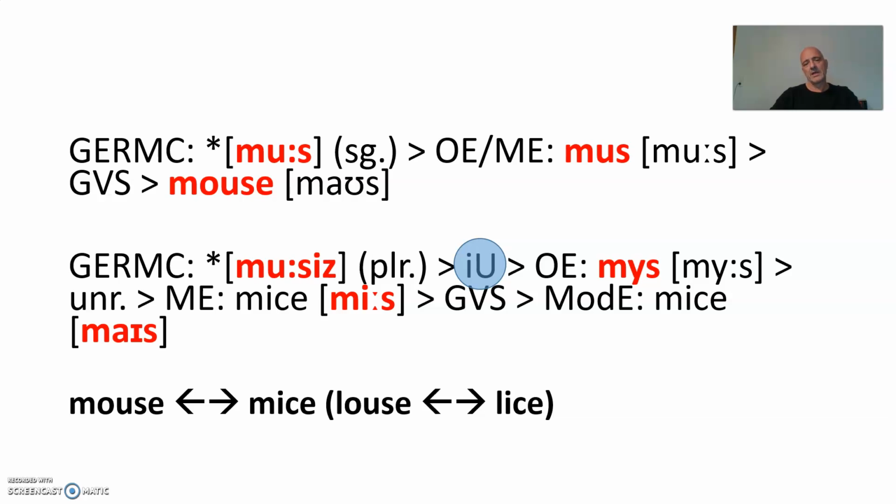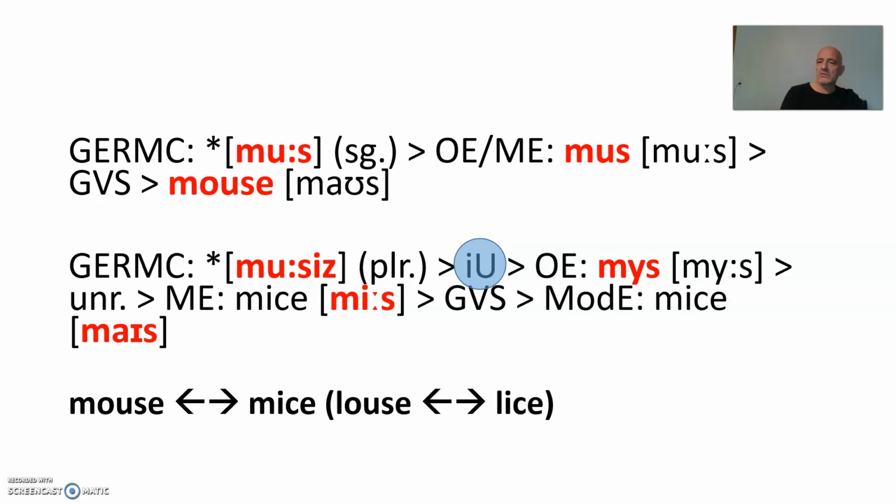But the plural is the problem, because in Germanic there must have been the form for the plural muses. And there you see there is an E following in the plural, because of the ending. And this calls for an I-Mutation, which turns it into Old English muse. Then the unrounding comes.